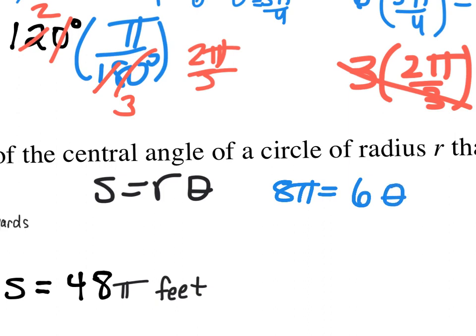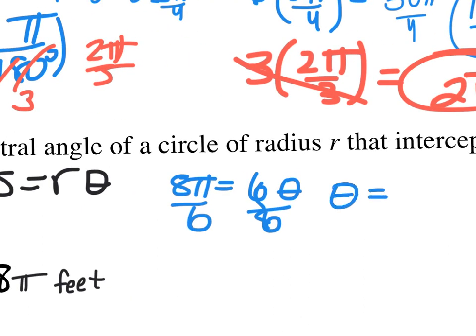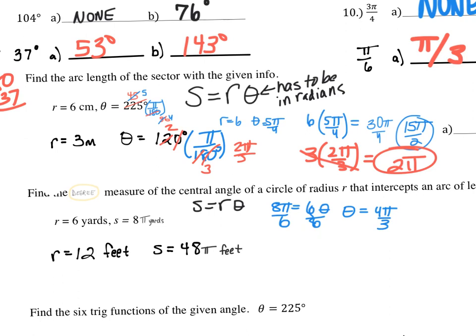I'm trying to find theta, so what do I do? Divide both sides by 6. So theta equals 4 pi over 3. How do I want your answer? In degrees.